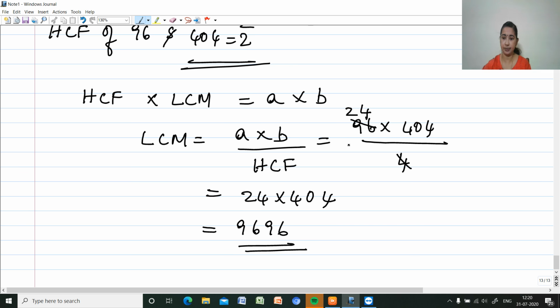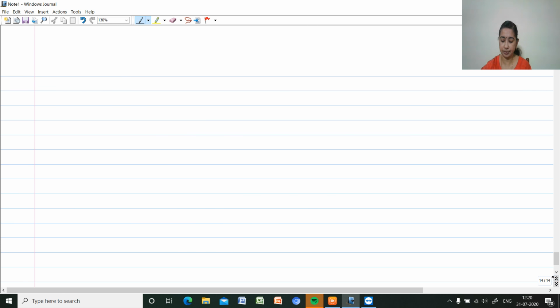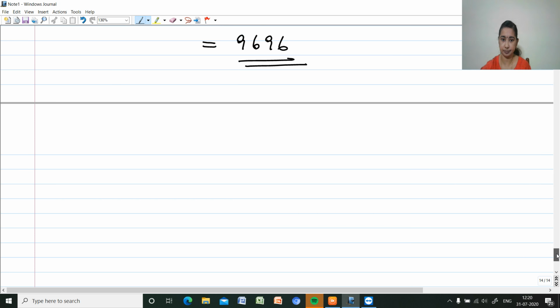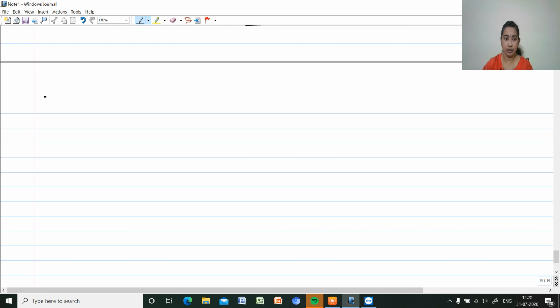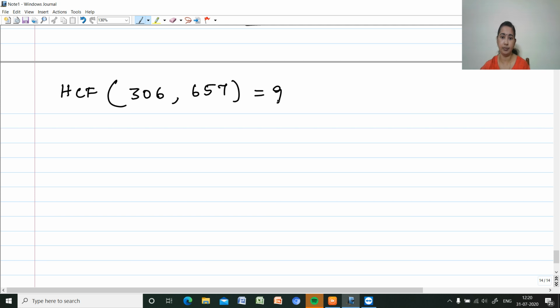Now the next question, from the exercise questions. Given that HCF of 306 and 657 is equal to 9, we should find the LCM of these two numbers.